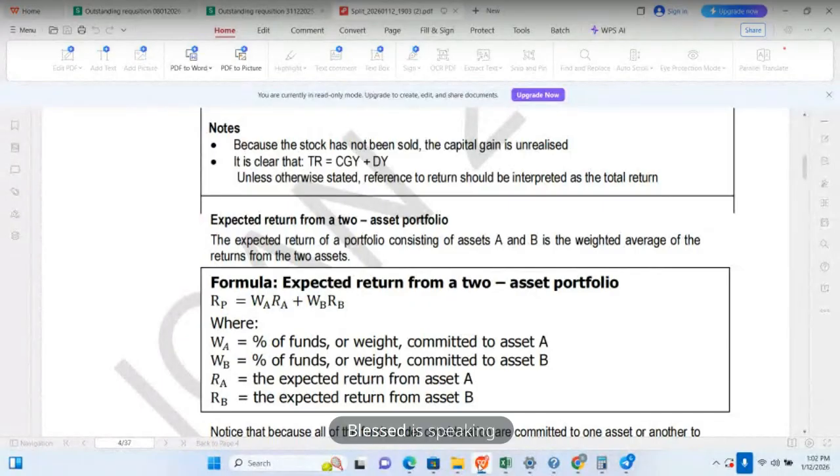If you have a two asset portfolio, then we have a way of calculating that. The expected return of a portfolio consisting of asset A and asset B is the weighted average of the return from the two assets.